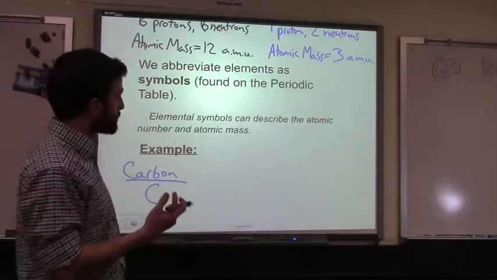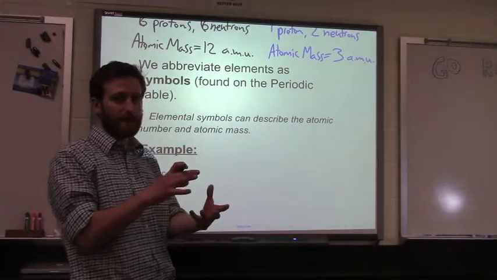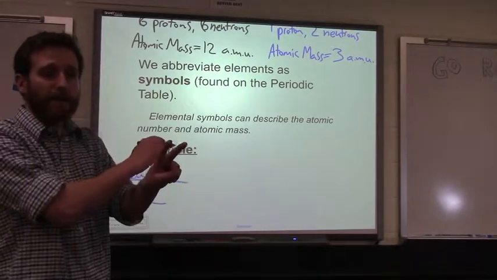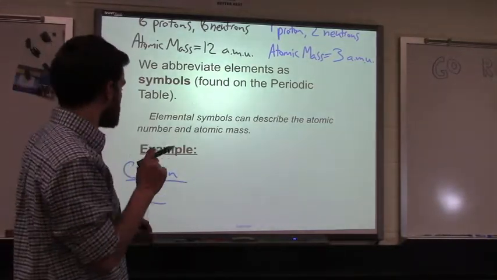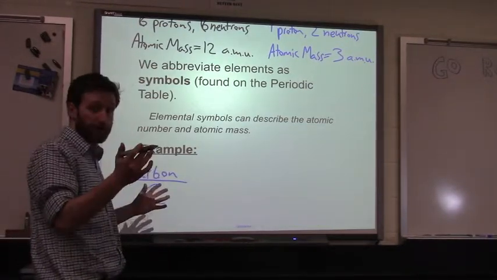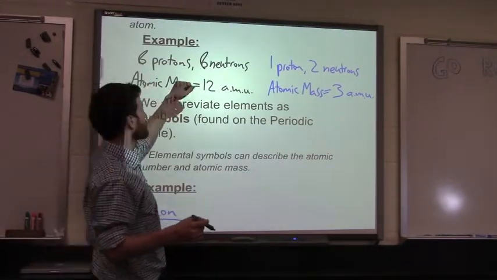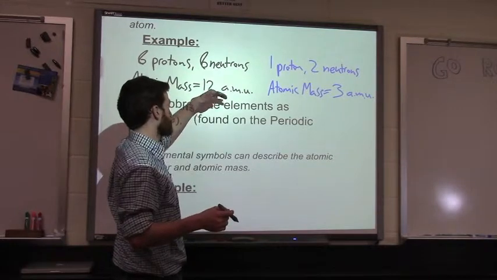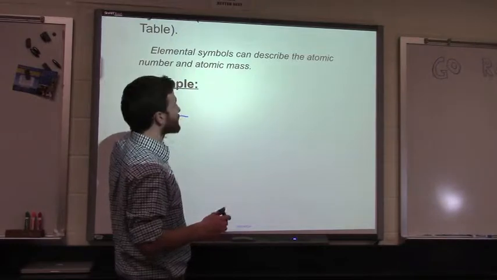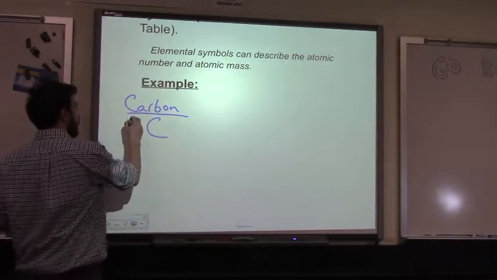Furthermore, you'll sometimes see, especially when talking about the composition of the nucleus, what's in the nucleus of an atom, you'll often see 2 numbers written to the left of carbon. The top number would be the atomic mass, the bigger of the numbers. So going on from this example where I had 6 protons, 6 neutrons, and an atomic mass of 12, if I were to write the elemental symbol so that it's describing atomic number and atomic mass, I would write 12.